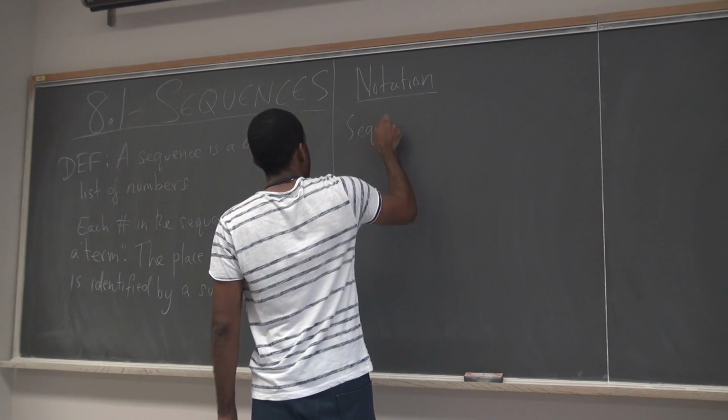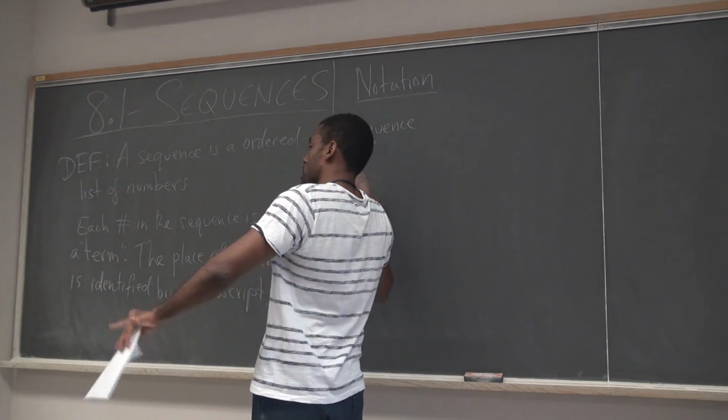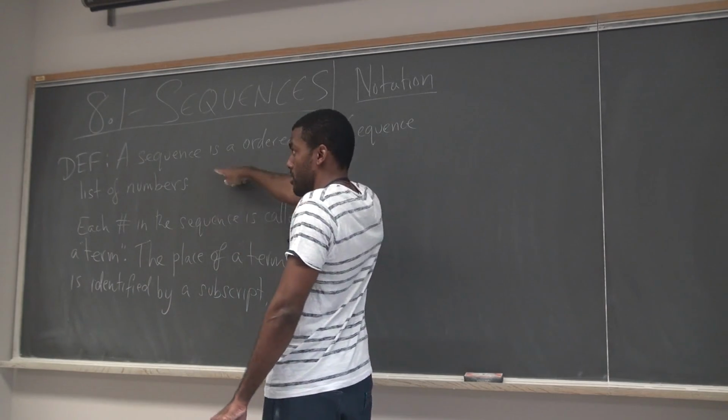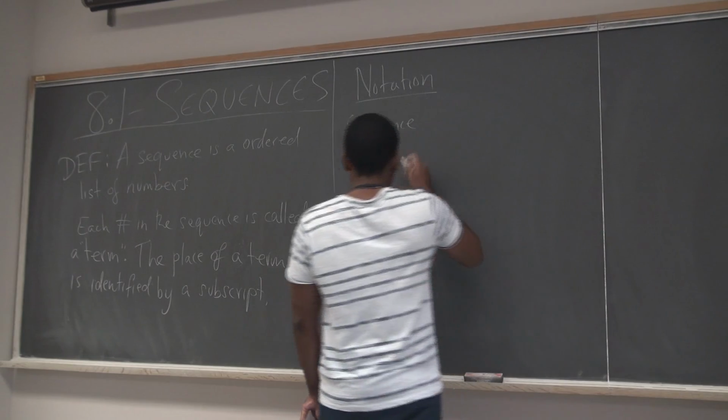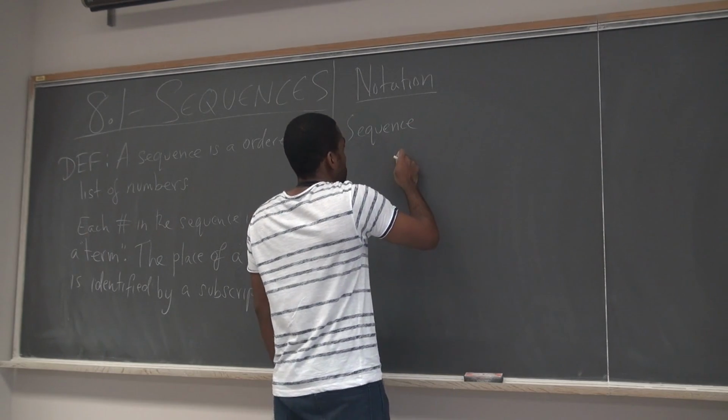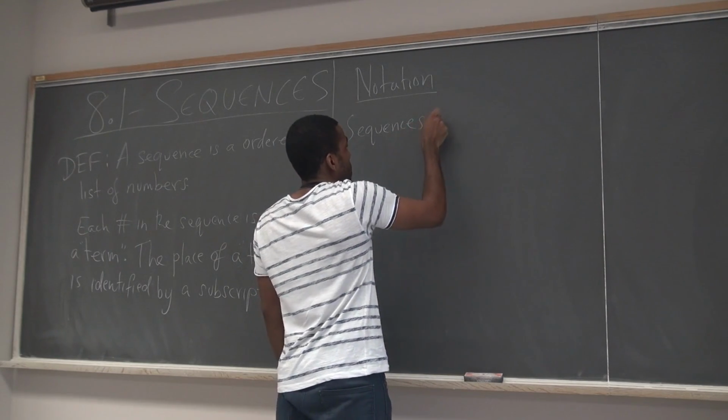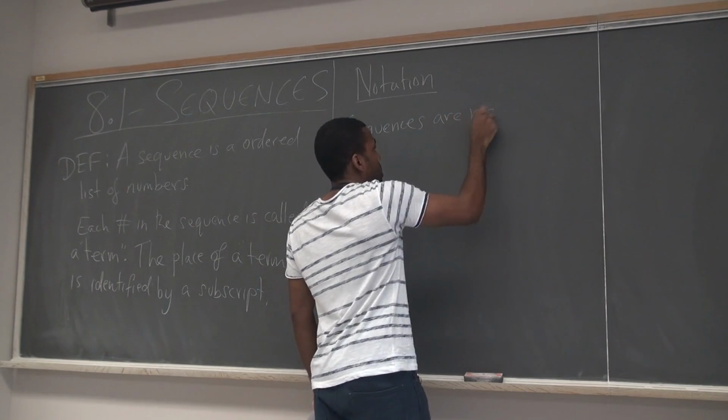We can name sequences like functions. In fact, sequences are functions. An alternative definition is to think of a sequence as a function from the natural numbers to the real numbers or complex numbers.